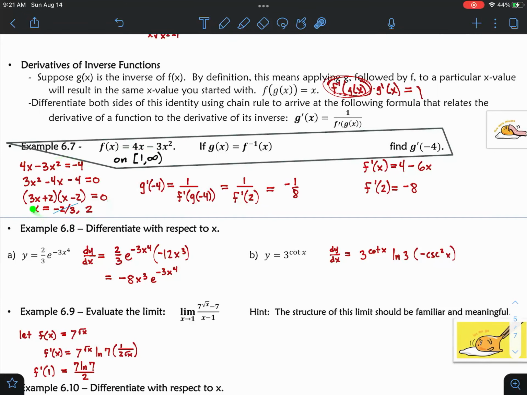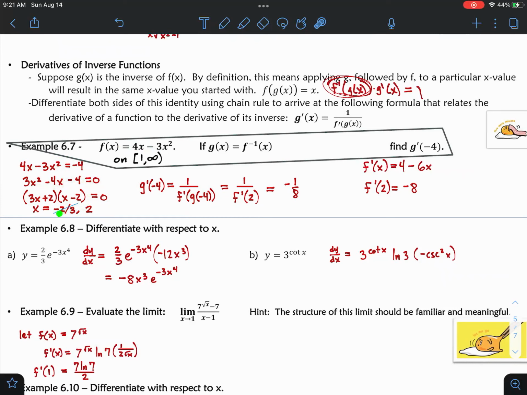And that's what leads to my work over here on the left. I'm going to figure out g of negative 4 by actually just setting f equal to negative 4. And whatever x value I get here would be the value that I'm supposed to replace in here. So I'm working through it, solving for 0. I get a couple answers.